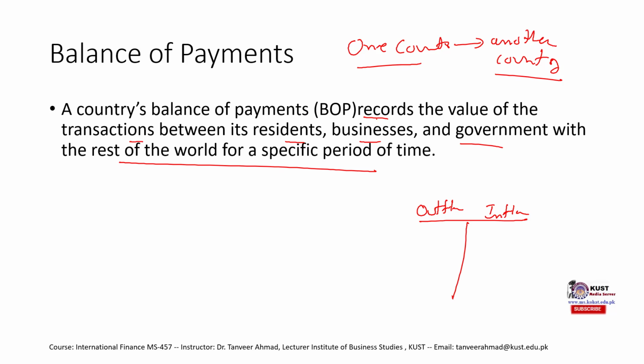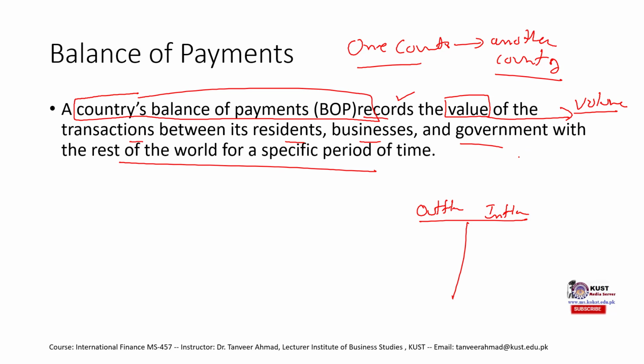So if we come back to this definition, the country's balance of payment means that each country would have its own balance of payment, and this balance of payment would record the value. It's important to understand that it would not record volume, that is, how many goods are bought from another country and how many goods the world has bought from us.